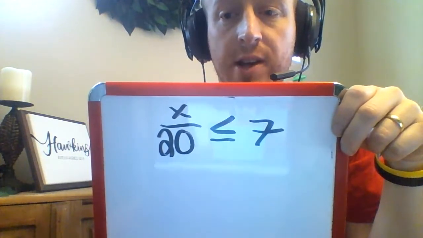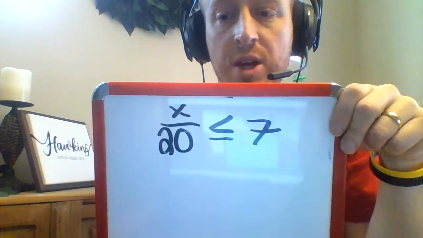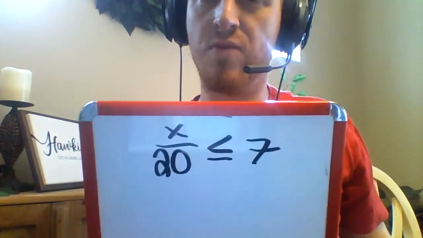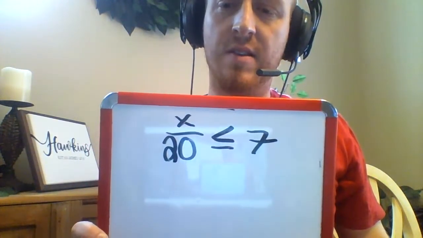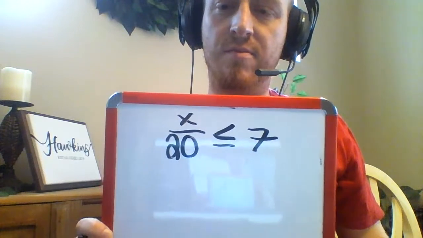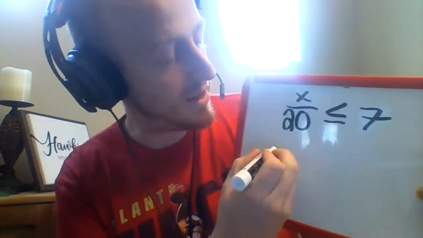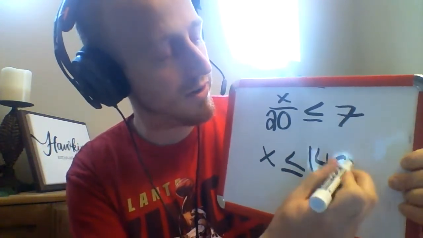All right. You got answers for this? Yeah, go ahead. All right, so it's not going to be equal to 140, but x is less than or equal to 140.